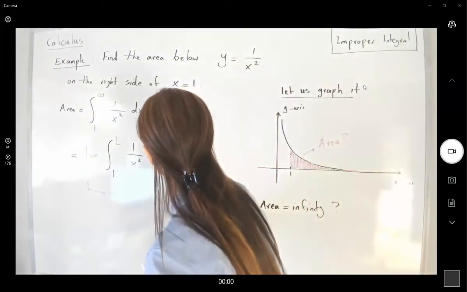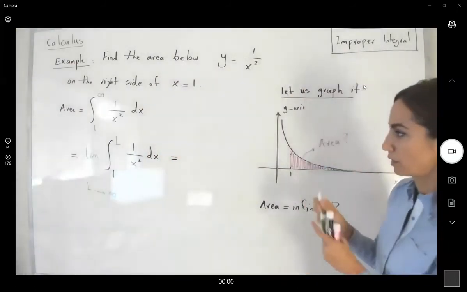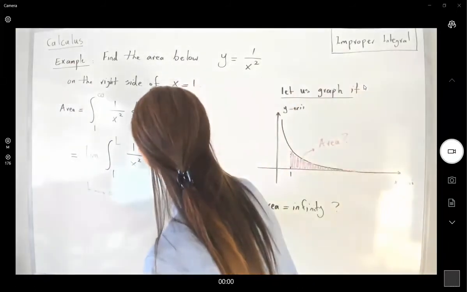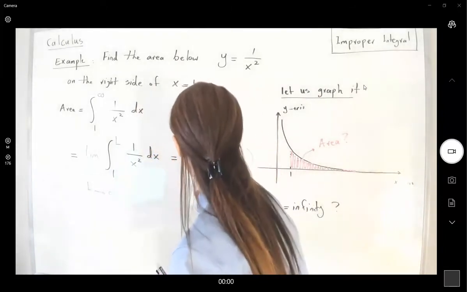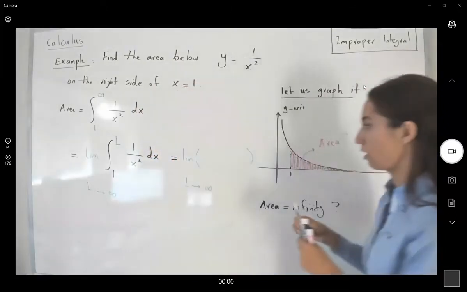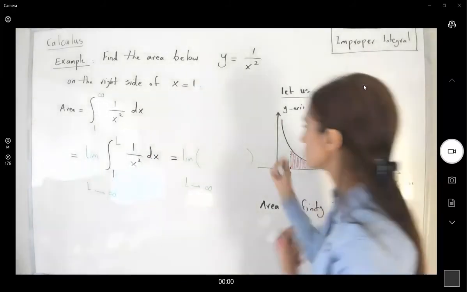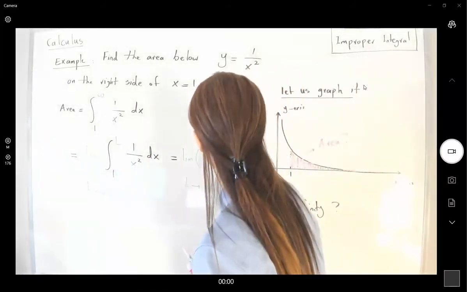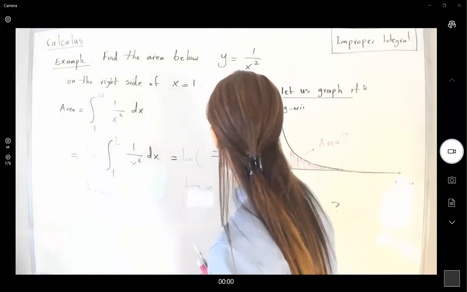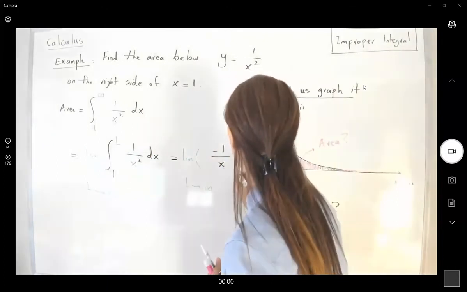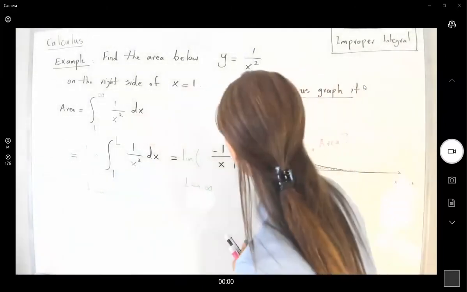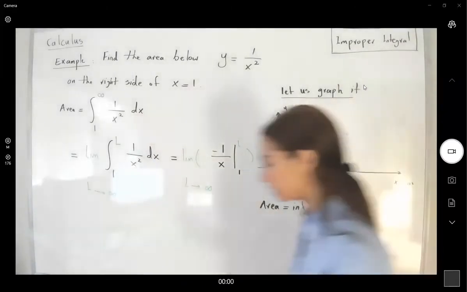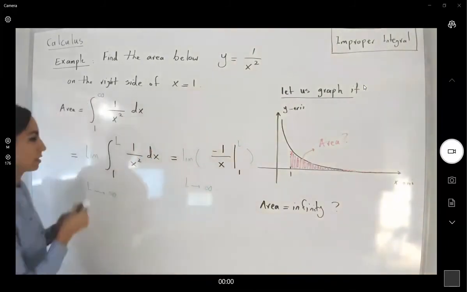This is the limit as L goes to infinity of -1 over x, with x starting from 1 and stopping at L. So let us plug in L, let us plug in 1, and then take the limit.